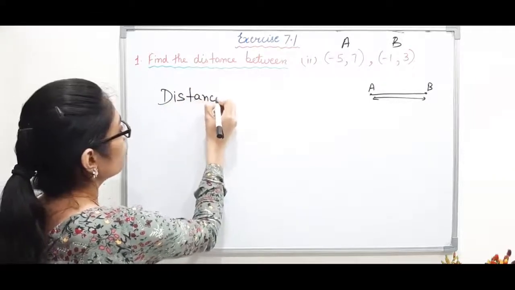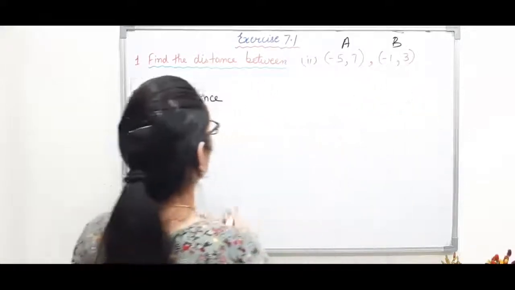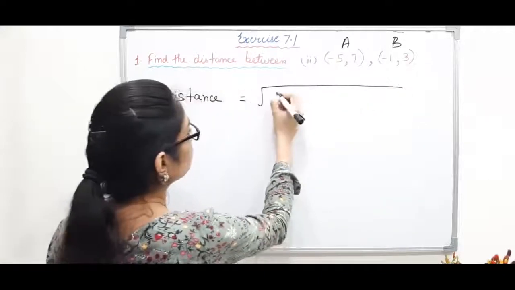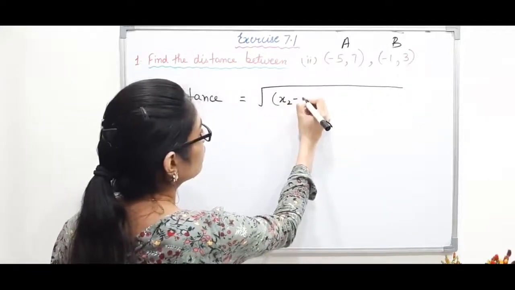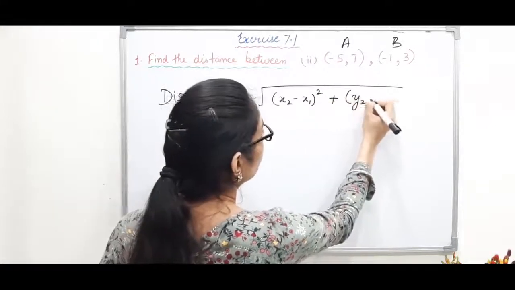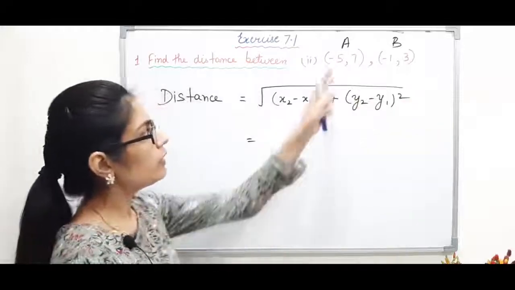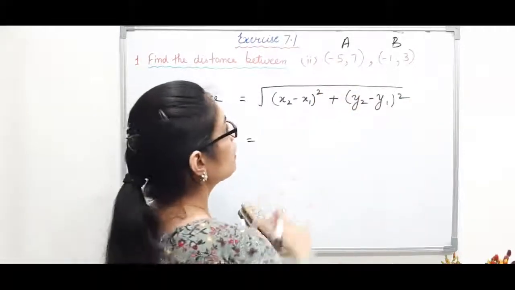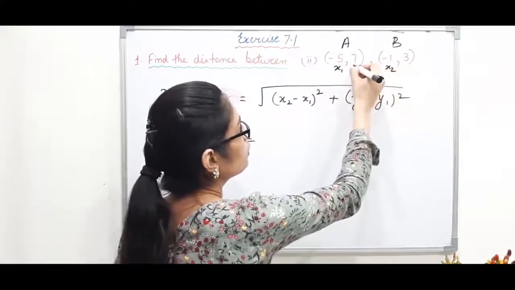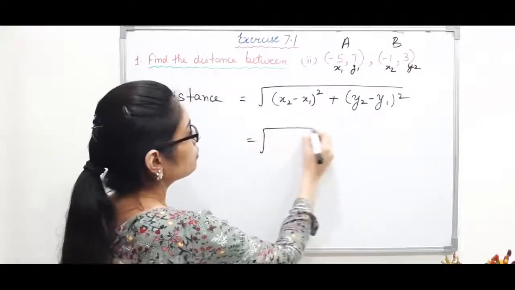I hope you remember the distance formula. It is square root of x2 minus x1 whole square plus y2 minus y1 whole square. If you see the coordinates given to you, this is your x1 and this is x2, this is y1 and this is y2. Accordingly we will substitute the values.